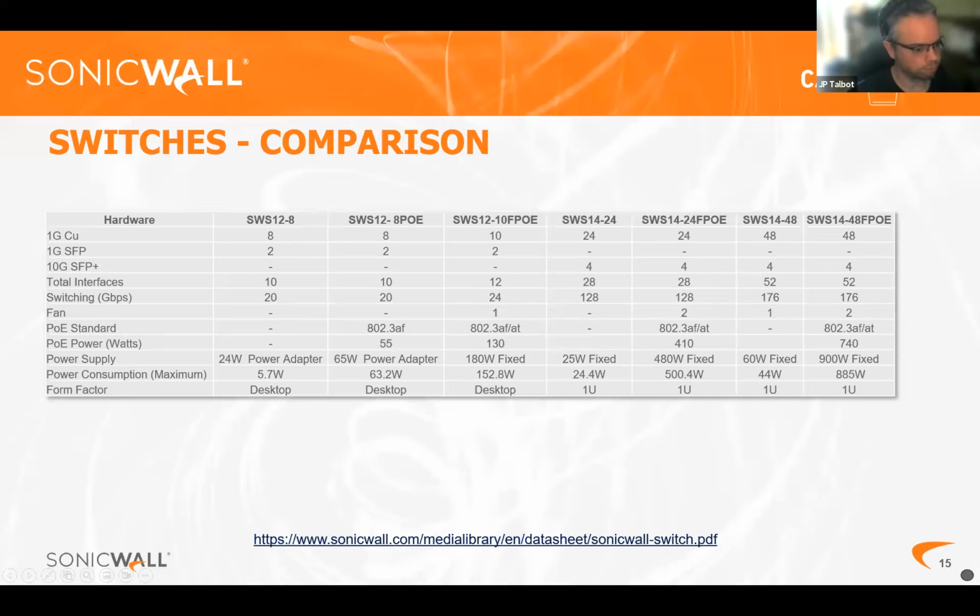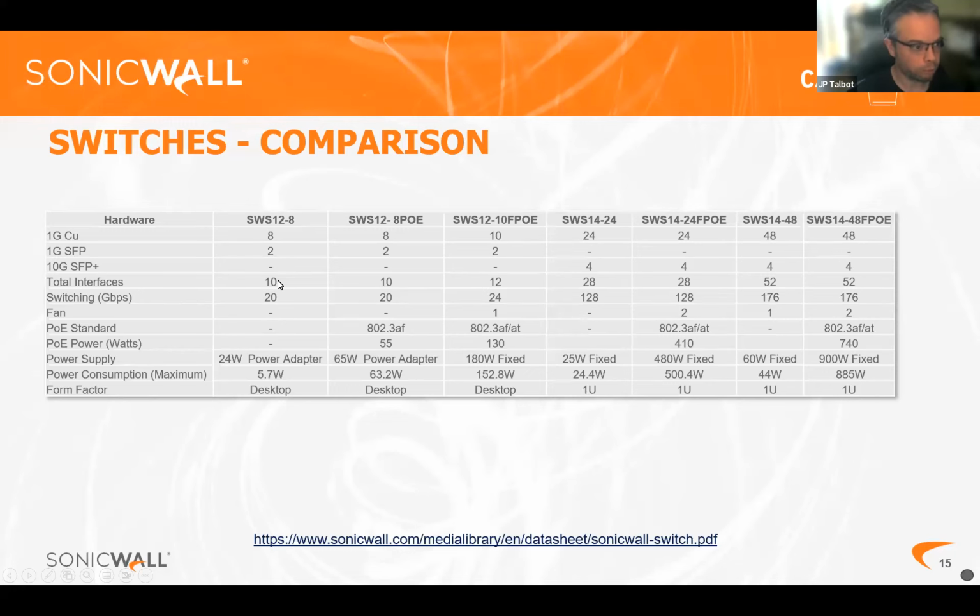I've seen a well-known brand of switch that has been around for decades, and you have like 96 ports, but the total backplane is 50 gig. So I'm like, okay, you got 96 1 gig ports, but the switch cannot do more than 50. So that's something to consider and something I like here.